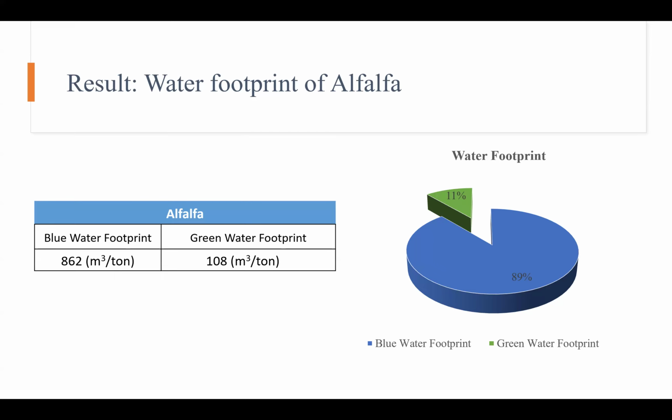The first source comes from the irrigation part, the second comes from the precipitation. So 89% of the water comes from irrigation, and only 11% goes to green.